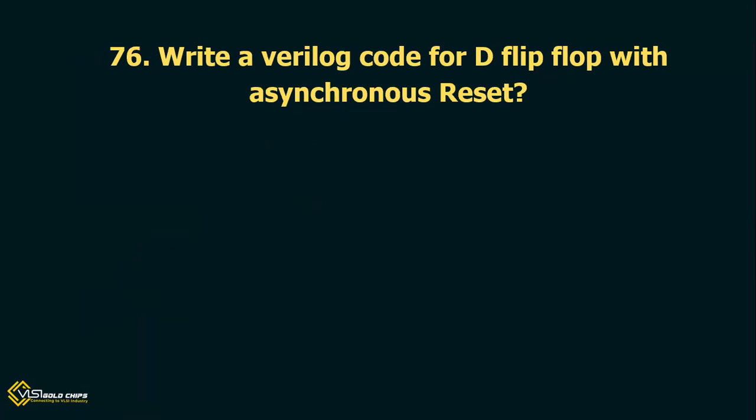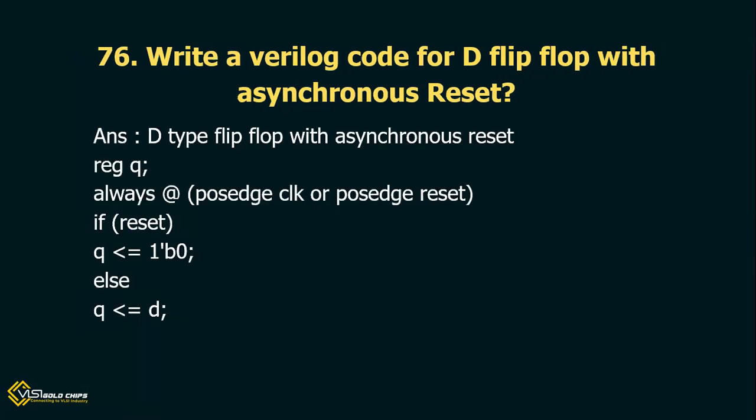Write a Verilog code for D flip-flop with asynchronous reset. So here you can see D flip-flop with asynchronous reset, reg Q, always @(posedge clock or posedge reset). So here, if reset is 1, then it will enter into this always statement.